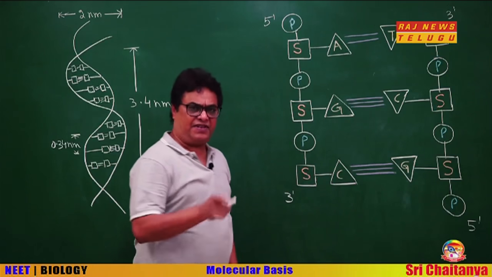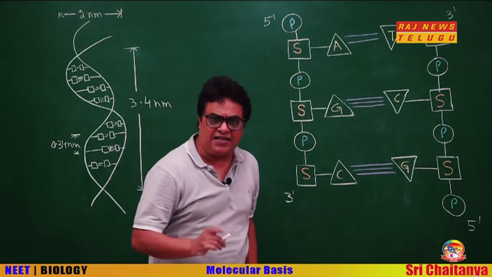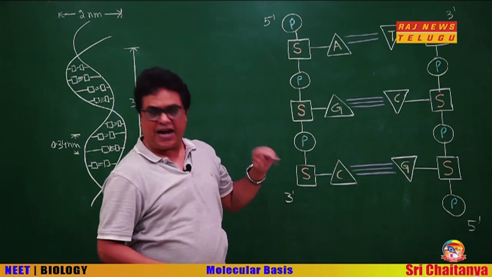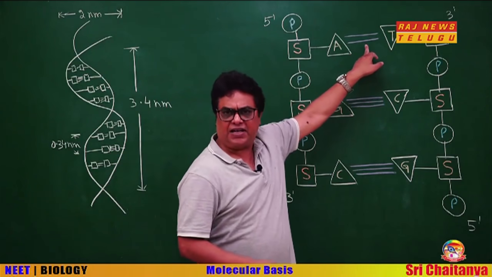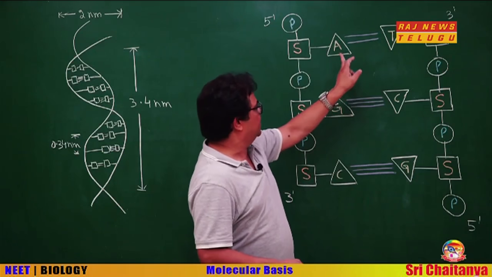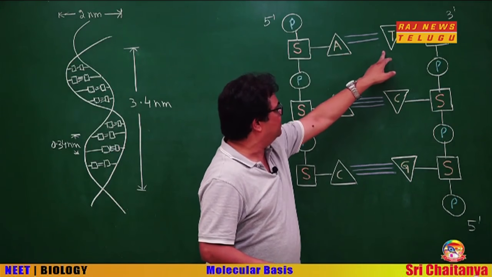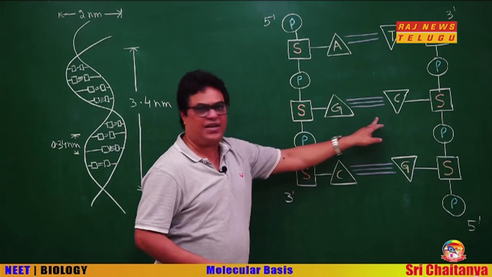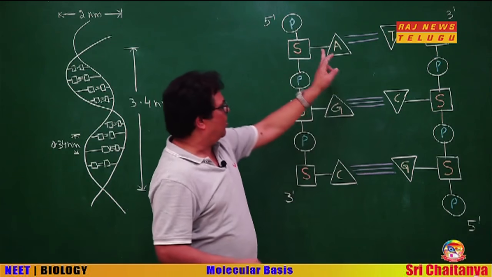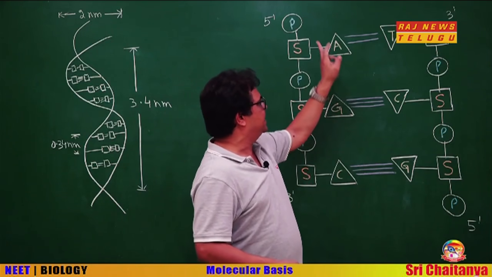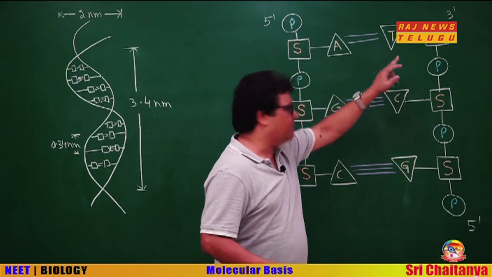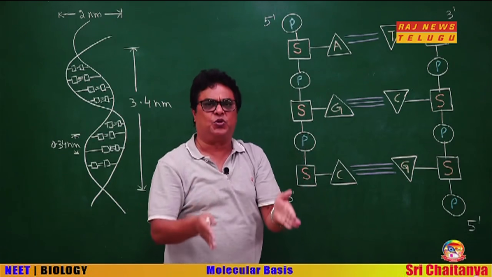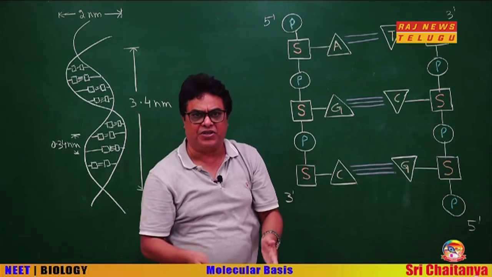Okay. Next, we said that the two strands are held together with the help of hydrogen bonds. So, these purple colored lines are showing the hydrogen bonds. You see, between adenine and thymine there are 2 hydrogen bonds, and between guanine and cytosine there are 3 hydrogen bonds. It means always a purine is pairing with a pyrimidine or vice versa. As a result, the distance between the two strands is uniform throughout its length.